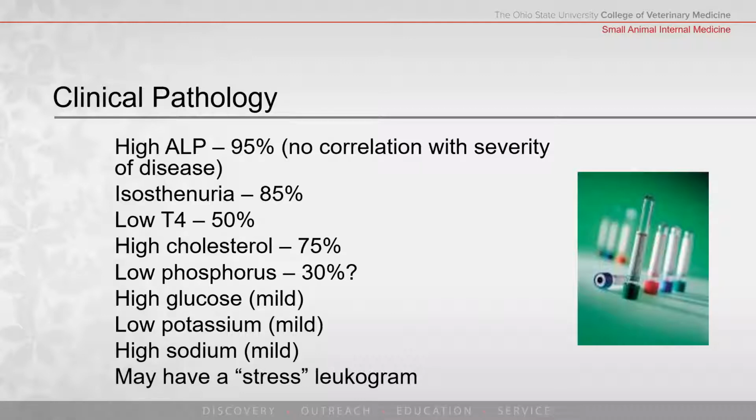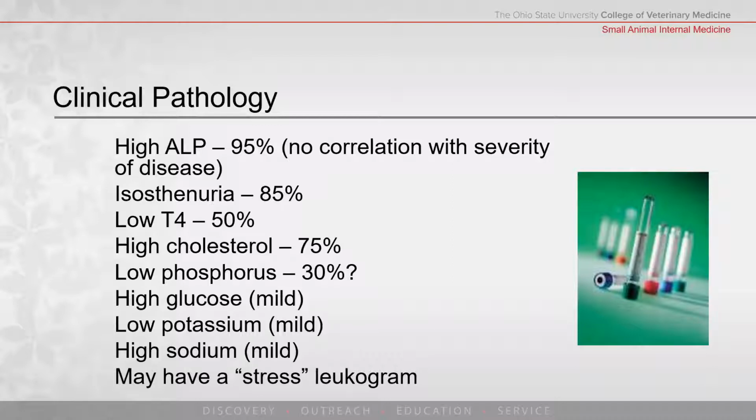So on our blood work, you're going to see a high alk phos. 95% of them have a high alk phos. And the level of the alk phos does not actually have any correlation with the severity of the disease. That's a really important point. 85% of them have isosthenuria. 50% have a low T4, but again, clinically, they are not actually hypothyroid, so you don't need to supplement them.